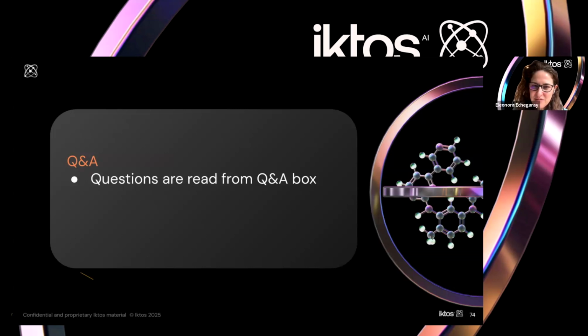Let's continue with our second question. What is the optimal way to utilize Iktos tools when X-ray structural data is not available and limited information on activity is present? When you don't have the X-ray structural data, you can decide if you want to design your molecules in 2D or 3D.